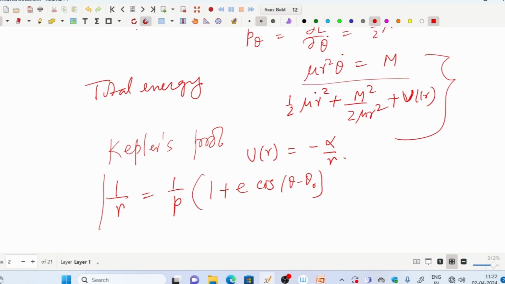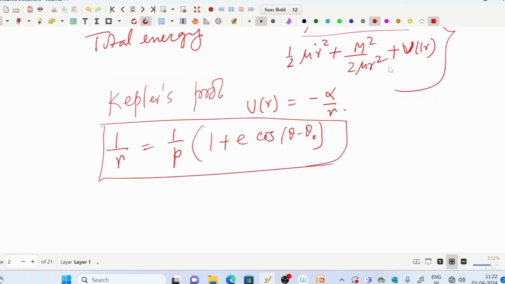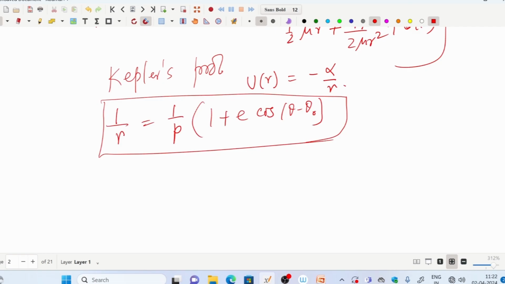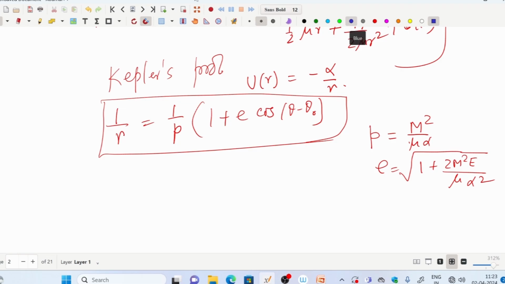This is the solution we obtained in the last class, where p was M squared over mu alpha, and e was the square root of 1 plus 2 M squared E over mu alpha squared, where E is the energy of the particle and mu is the reduced mass. All these things we discussed last time. So today's class will start from here.